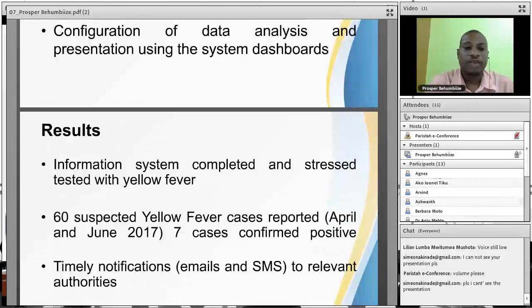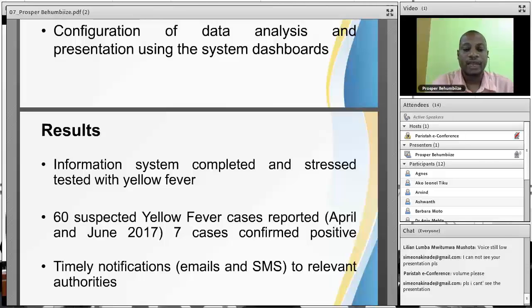For this particular study, we tried to use the system retrospectively, to see whether it would have been able to detect an outbreak that we had in Uganda last year, in 2016. We went back to all the records that were available, the line listings, and whatever else we could find, to enter the data.